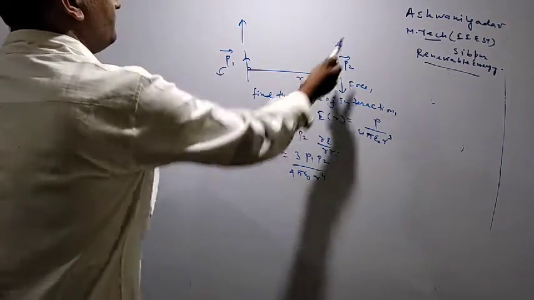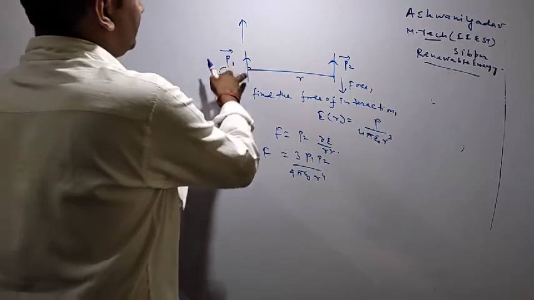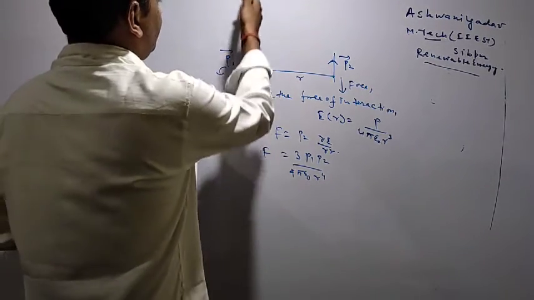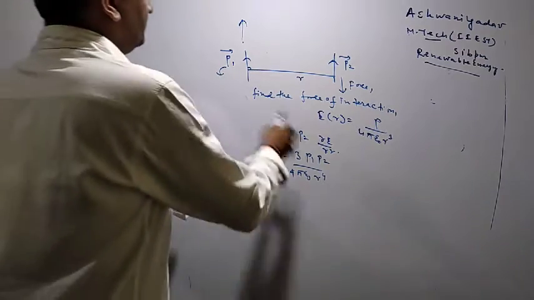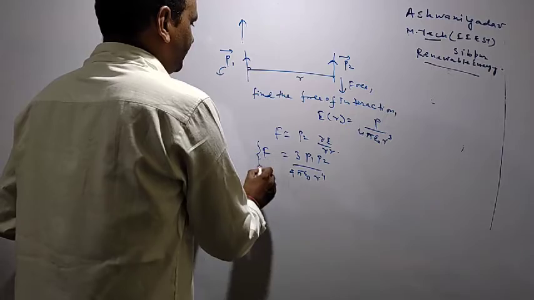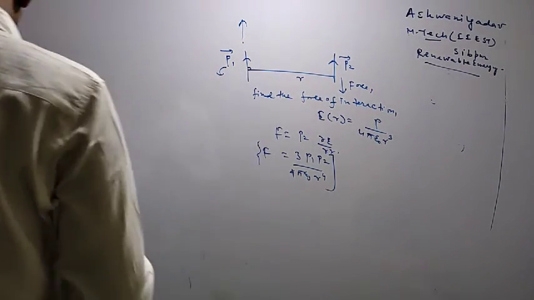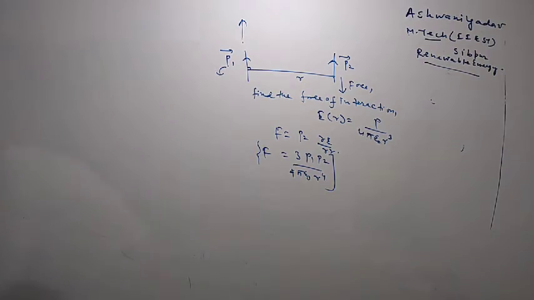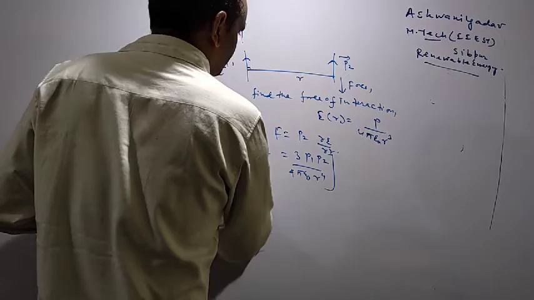This is the force on dipole 2. Well, this will again be the force in this direction. Okay, this is the expression of the force on dipole 2. Okay, let us do some other problems.